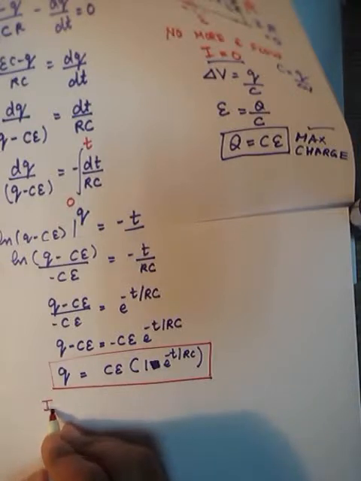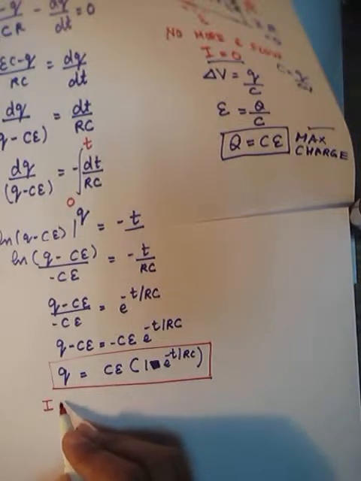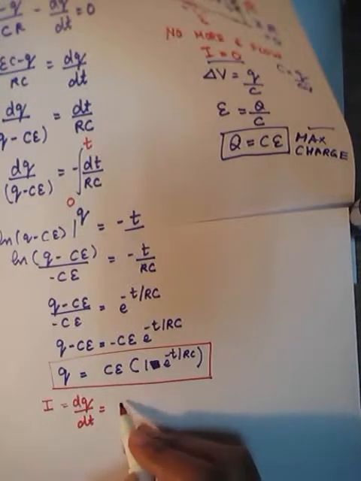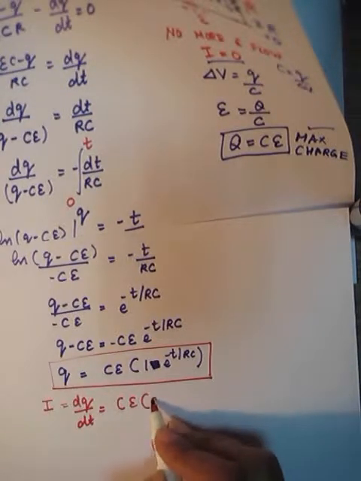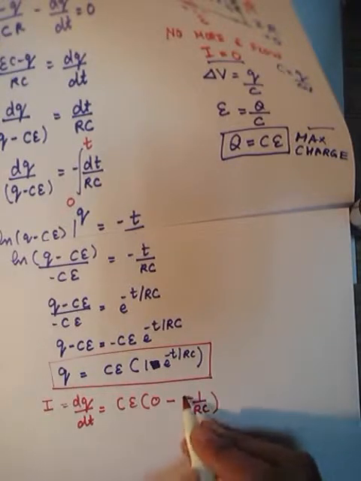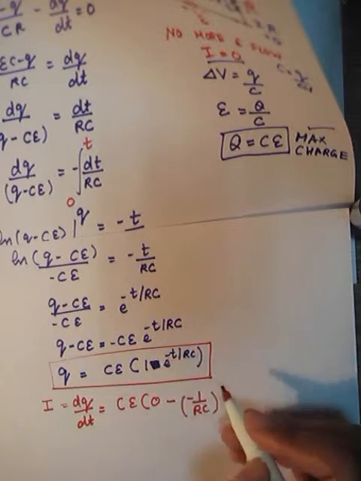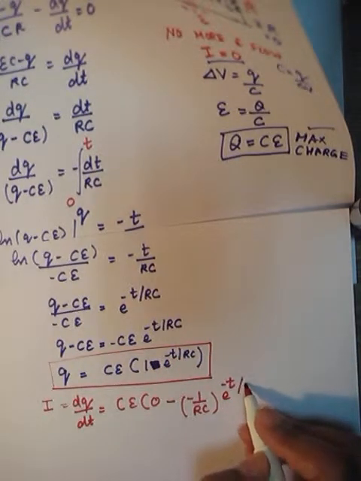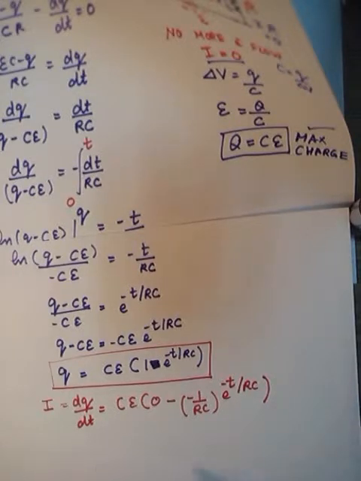We can also find out the current from here. Current will be equal to dq upon dt, so it will be C epsilon times minus 1 upon RC, the derivative of the power of the exponential, minus t upon RC.